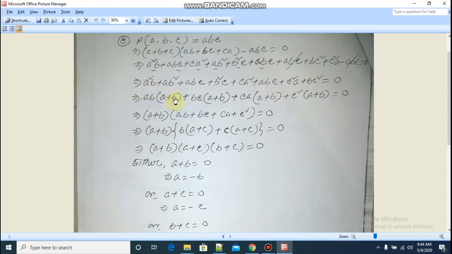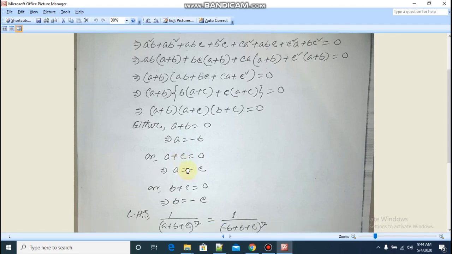AB common, a plus b; BC common, a plus b; CA common, a plus b; C square common, a plus b. Here there are 4 terms, first, second, third, fourth. A plus b is common. We take a plus b as the common part, we get this. After factorizing, we get this. So we can write either this equals 0 or this equals 0 or this equals 0.